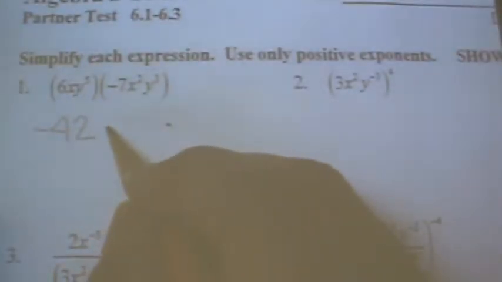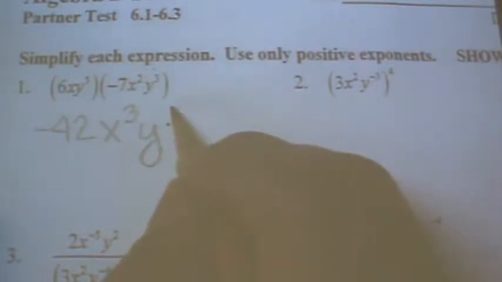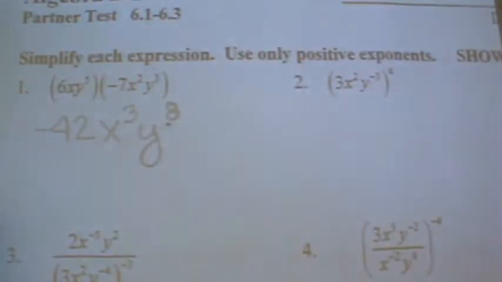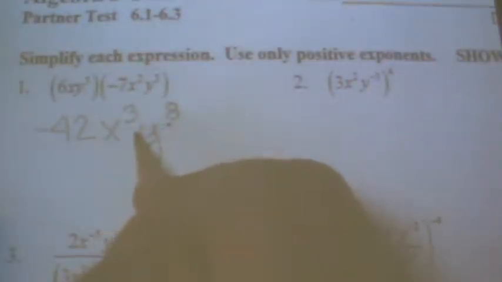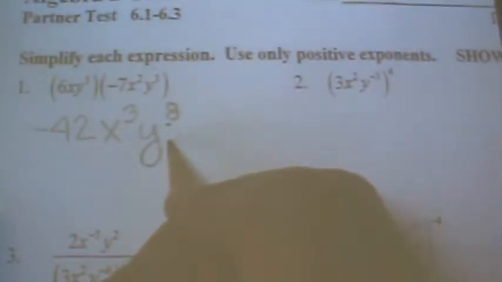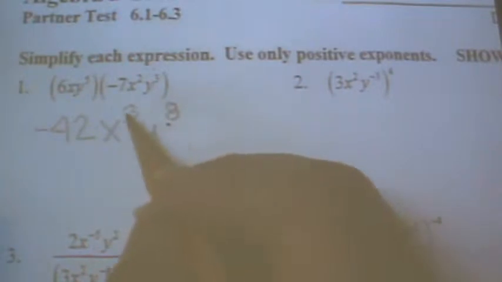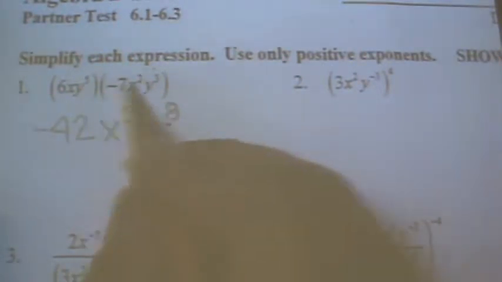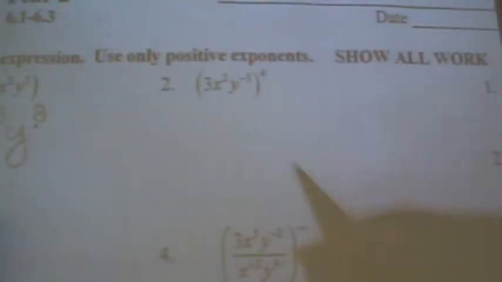So what do you get for x to the 3 and y to the 8? So we gave 3 points for this, one for the number, one for the x to the 3rd, and one for the y to the 8th. So the rule you need to know is, if bases are the same and you're multiplying, what to do with your exponents.